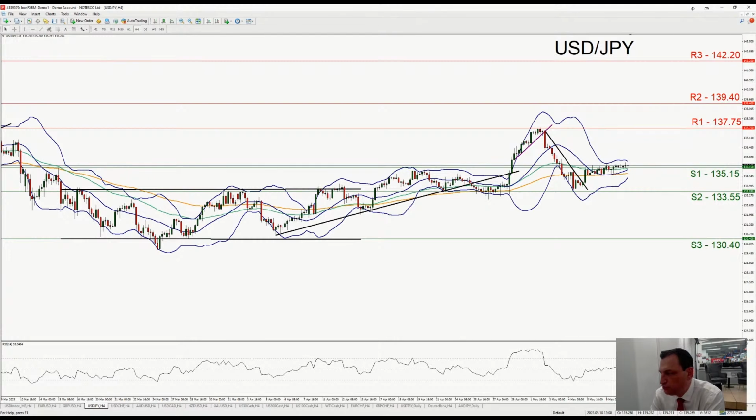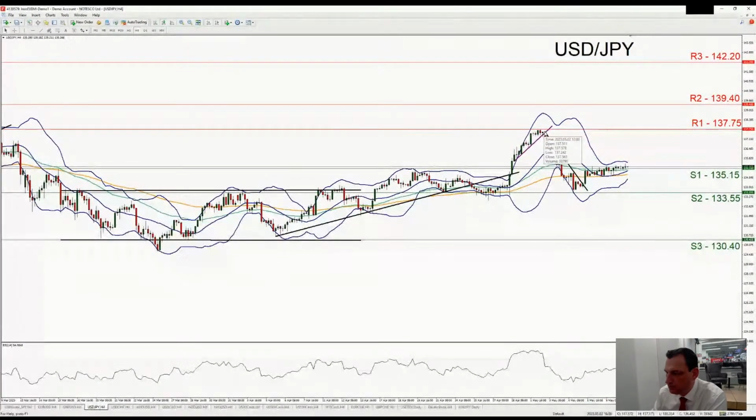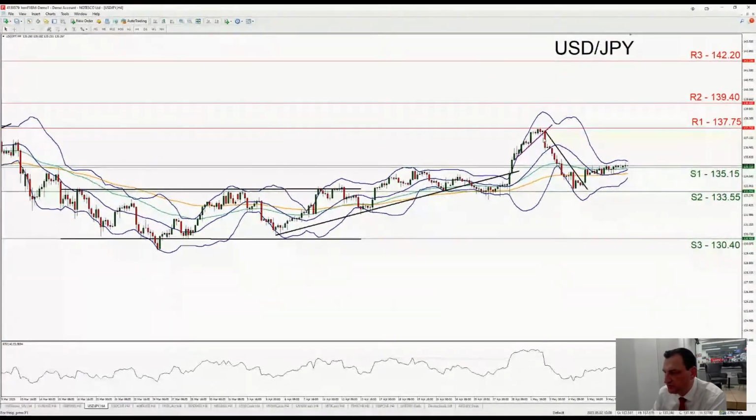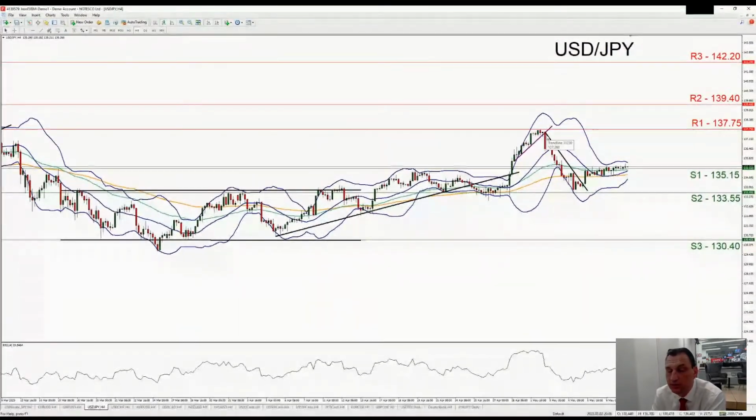Now, it may seem to be a very wide distance to be covered. We're talking about 260 pips here. But if you want my opinion, given that we have the CPI rates of the US being released today, we may see abnormal volatility. And it's characteristic how the pair was able to cover this within 24 hours, the same distance to the downside or even to the upside. Okay, it took a little bit longer, but still.